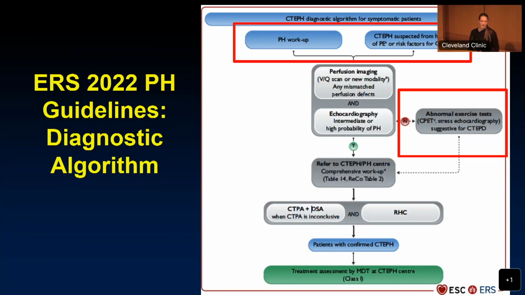We actually do a lot of invasive CPETs here, which are extremely useful. And the reason for that is that in a patient with the right hemodynamic phenotype with exercise, we will still offer full surgical and mechanical interventions for these patients, even if they don't have resting PH, because they can really improve quality of life, exercise tolerance, and gain a lot of symptomatic relief.